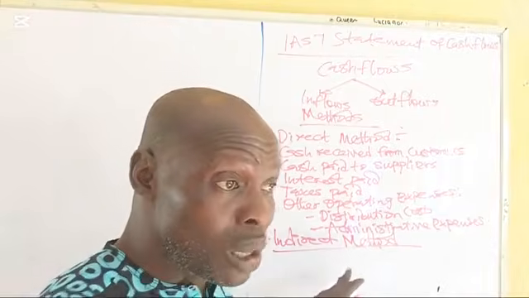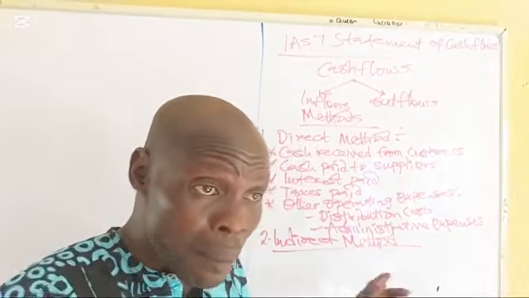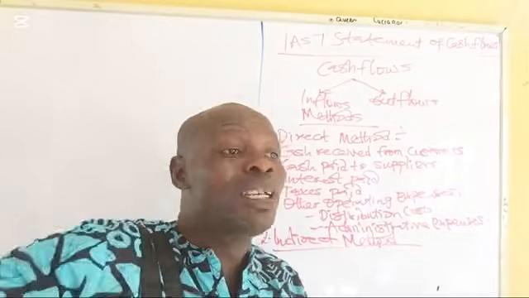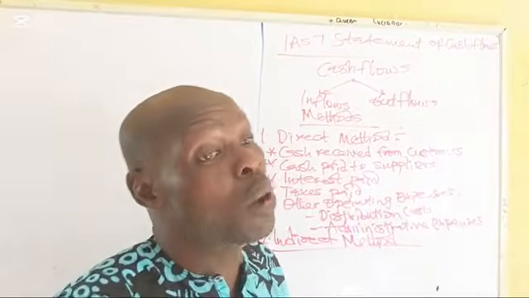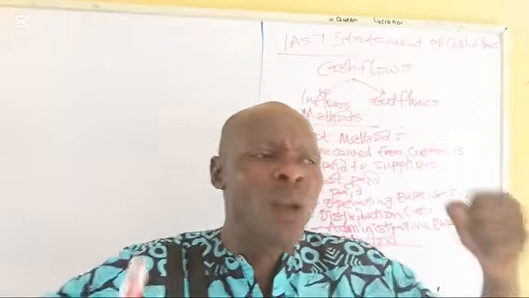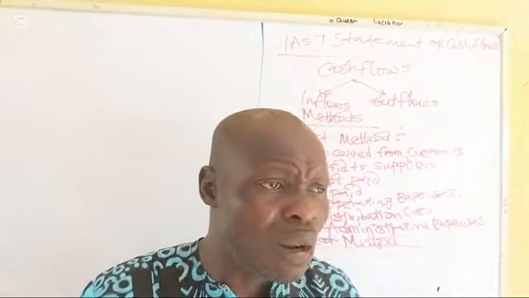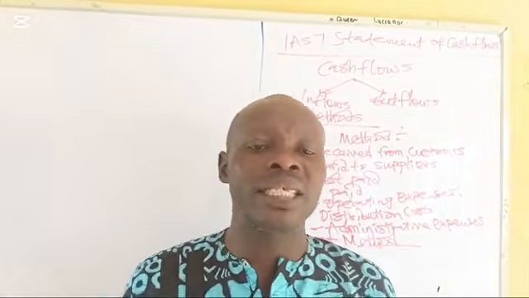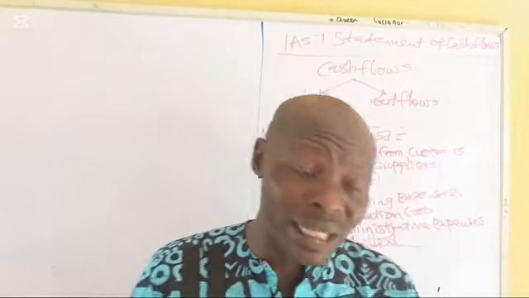Okay, that's when you are adjusting. Remember I've told you what we do under the indirect method. What we do in operating activity is reconciliation, so that we know those items that will require adjustments under this heading.